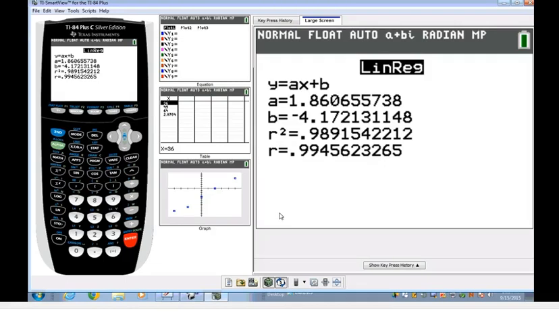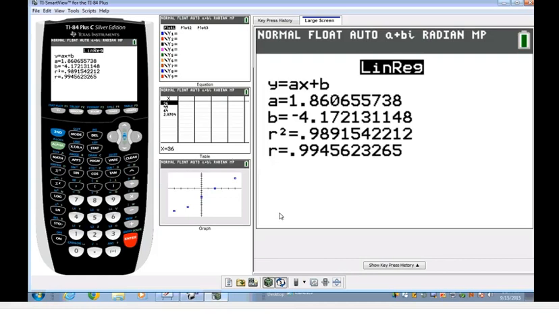This R squared, that's the correlation coefficient, which tells me if it's really, really, really close to 1, I did a good job. I got a nice basic fit. Is this one close to 1? Well, 0.989, that's about as close to 1 as you can get. So it is a good fit. If I got 0.523, that would be a really bad fit, wouldn't it? So I have 0.989, and that's a good fit.